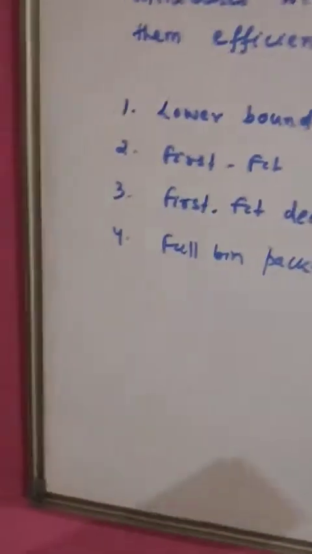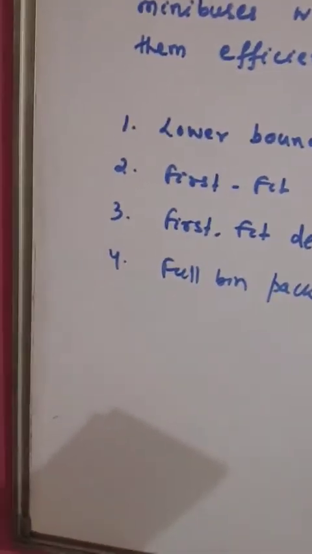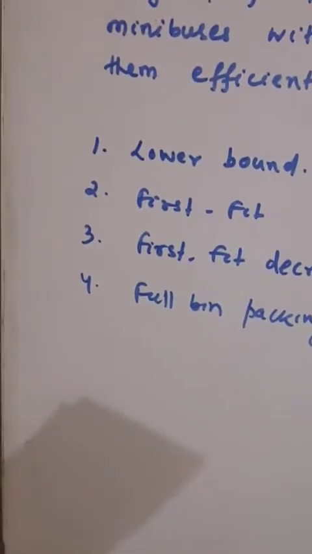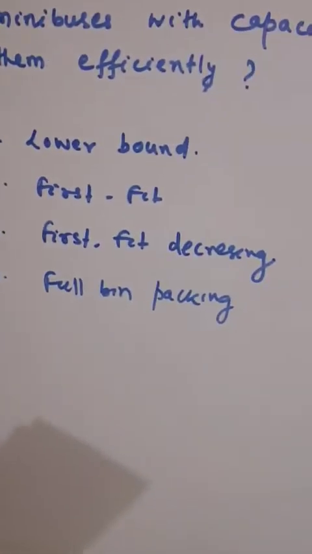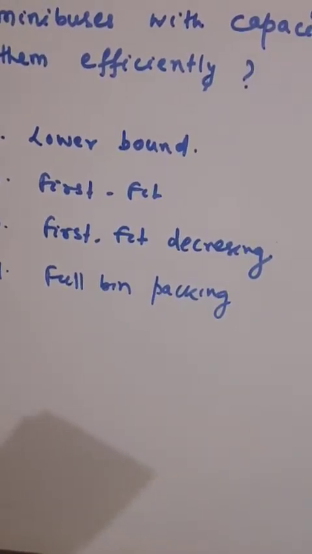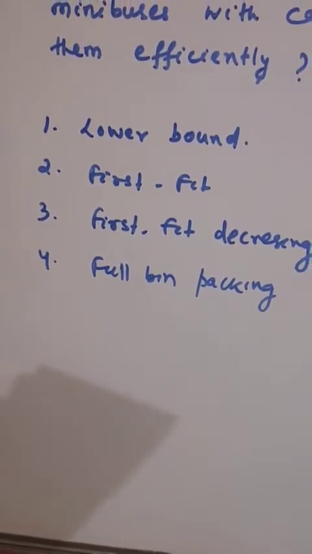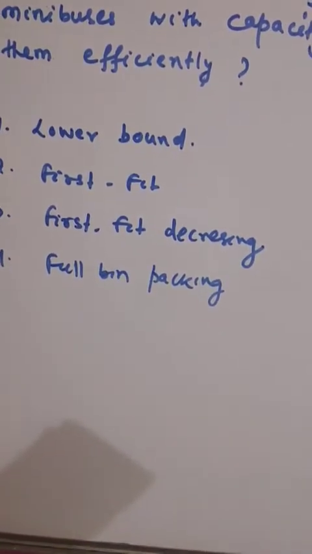That means the first is how to find the lower bound for the problem. Second, how to perform the first fit algorithm. Third, how to perform the first fit decreasing algorithm. And last, how to perform the full bin packing algorithm.